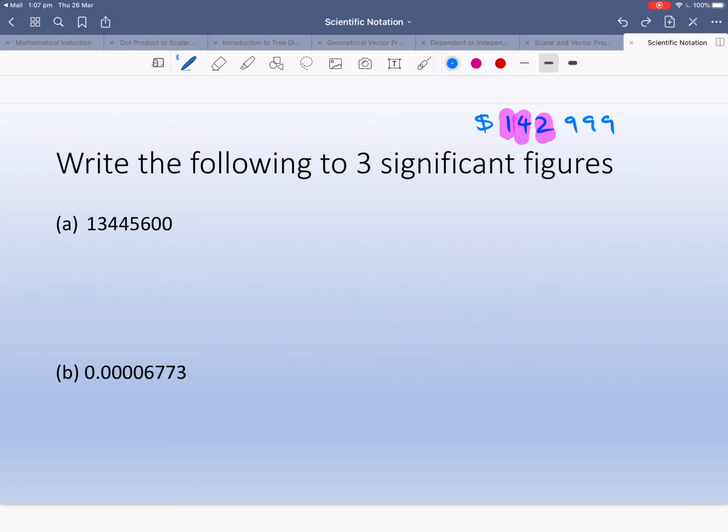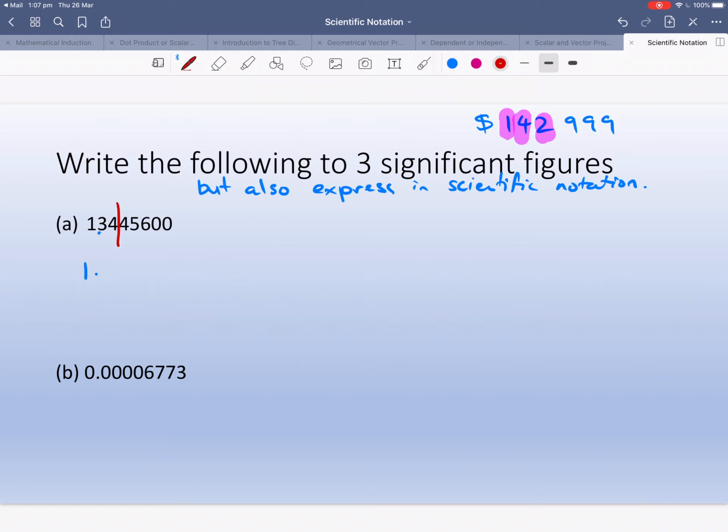So we're going to write the following to 3 significant figures, but also express it in scientific notation. I'm going to put my decimal point here, just to guide me. So I go 1 point. 3 significant figures means I need to cut it off here.